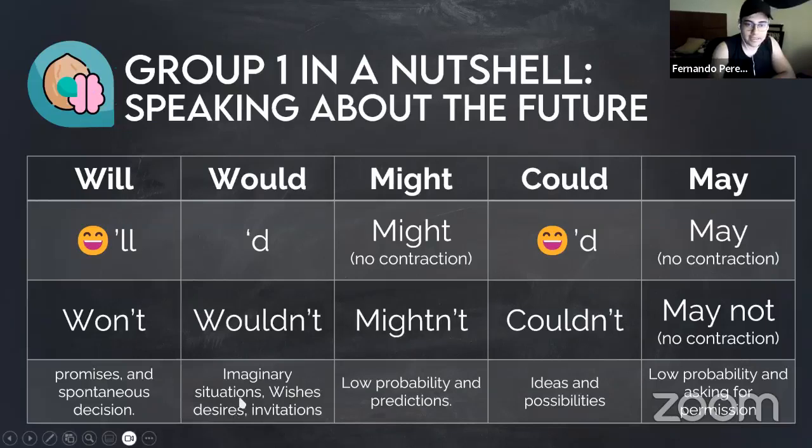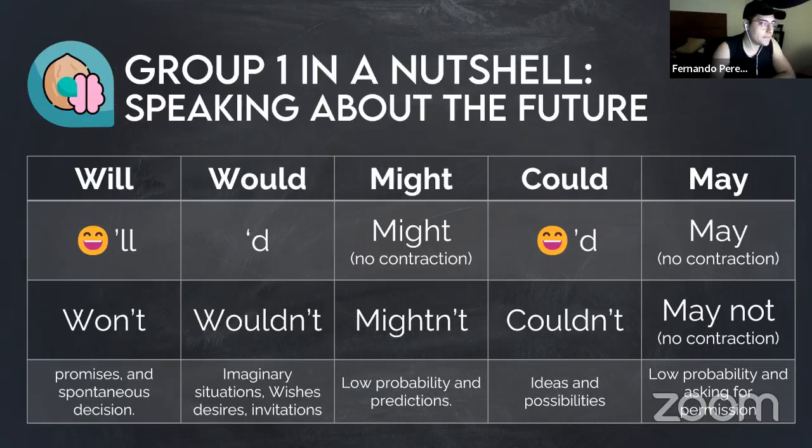And these are the contexts. Promises and spontaneous decisions, imaginary situations, wishes, low probability, predictions, ideas, possibilities, and may. You know, the word can is also possible for future, but I don't include it here because we usually use it for present.